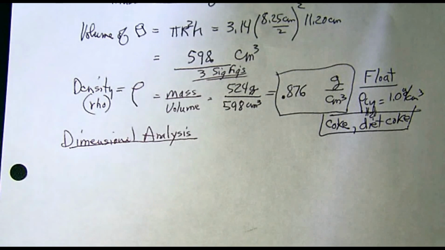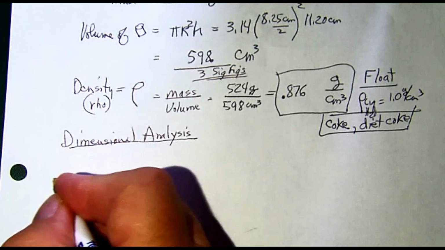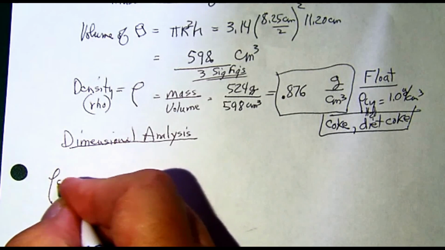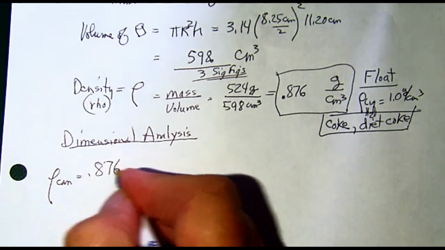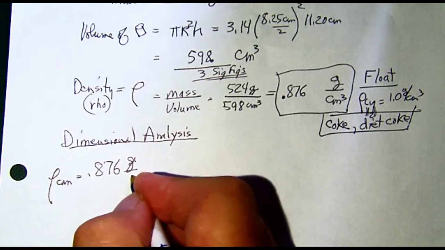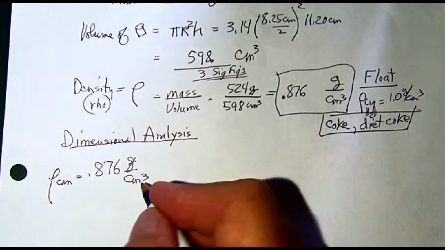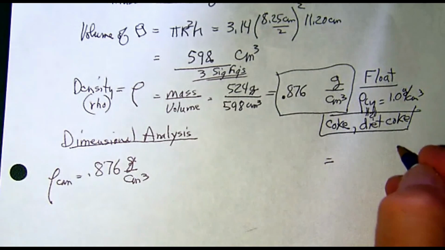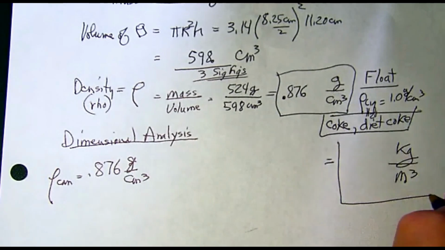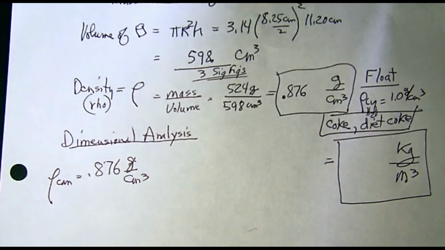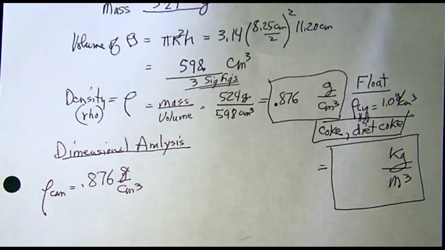So I'd like to start with what we have here, our density. This is of my can, and I'm going to start with my 0.876 grams per cubic centimeter. And I'd like to do some conversions and end up with kilograms per cubic meter, because that's standard metric units for density. Okay, all right.